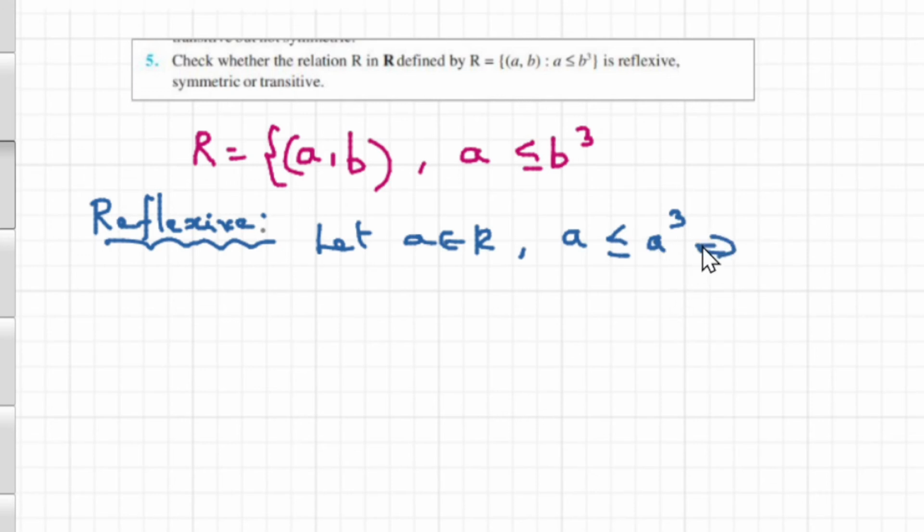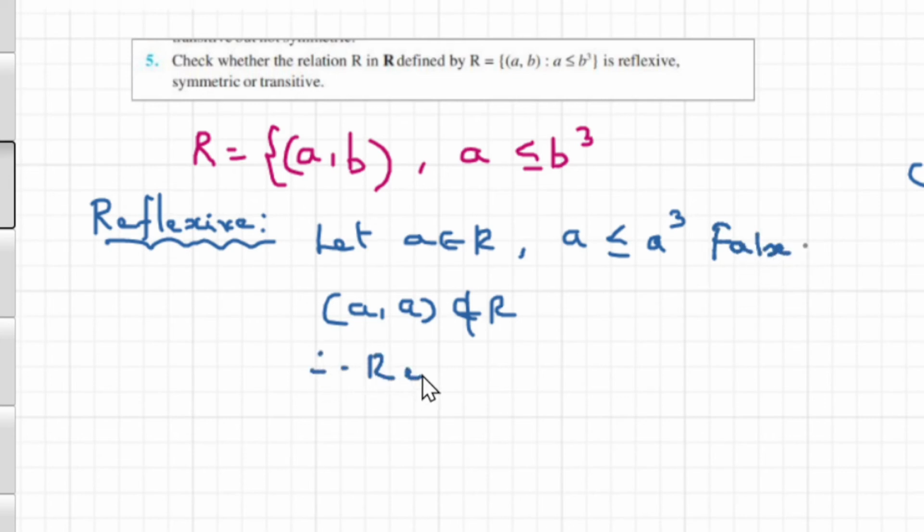This is not true for any number, and this implies (a, a) does not belong to R, and hence it is false. Therefore, R is not reflexive.